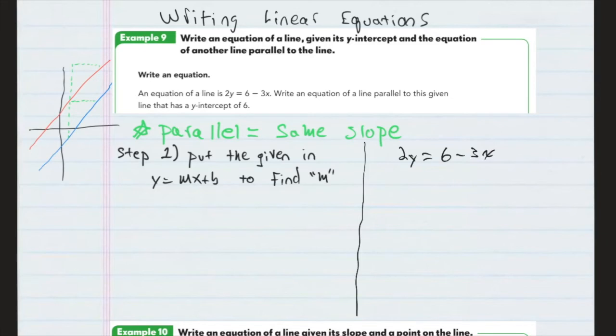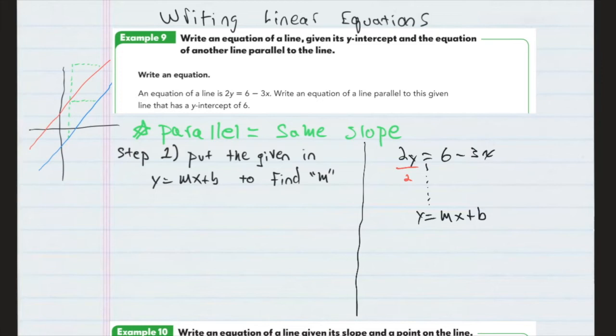So it's not in slope-intercept form yet, right? In order for it to be in slope-intercept form, I want it to be y equals mx plus b. So my step is, first I'm going to get the y by itself. So I divide by 2. And I want to divide everything by 2. But in order to keep it in slope-intercept form, I don't want to make one big fraction bar and say I'm done, because then there's no big fraction bar in slope-intercept form.